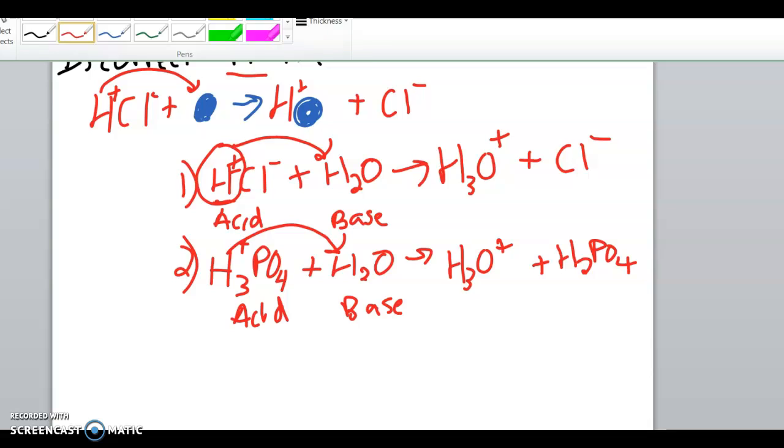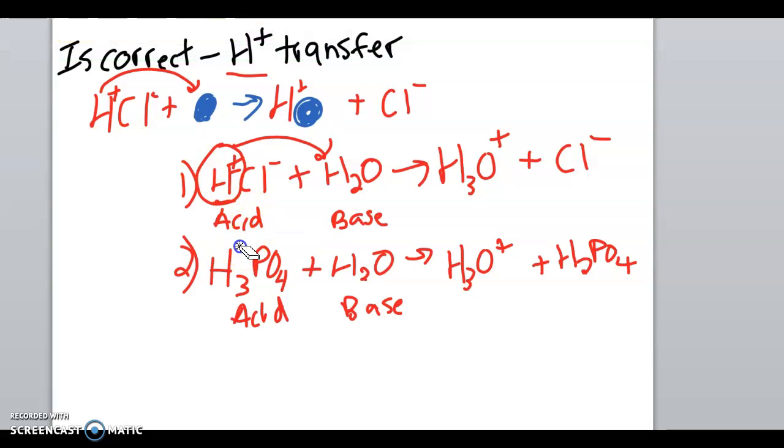I added the little plus there to visually show that you were transferring an H+. But it started off as just H3PO4, so it's just a neutral acid. So if it starts off neutral and it loses a plus, then its new charge is going to be minus.